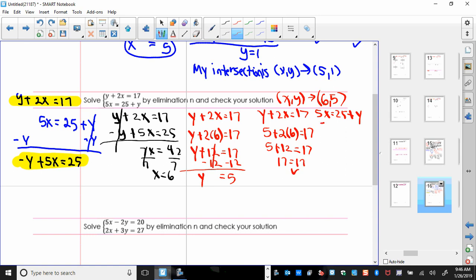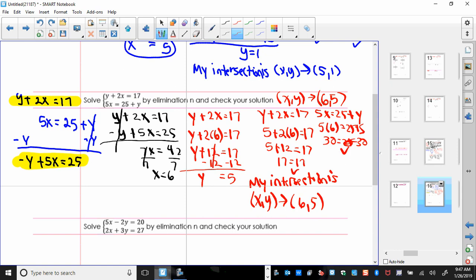Now, for my second one, 5 times 6 equals 25 plus 5. I have 30 equals 30. And so this checks out, so I can write my answer. My intersection is x comma y maps onto 6 comma 5.